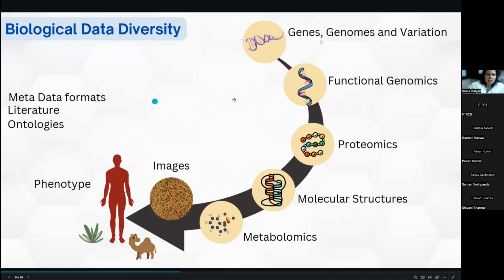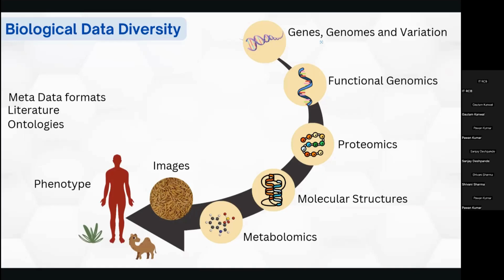But these data types alone are not sufficient, because as each data type is unique, we need different data formats, literature support, and ontologies to make the metadata forms, to make the different portals for each data type, so that data alone does not have value, but data along with valid metadata does.